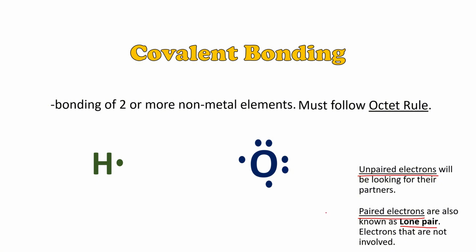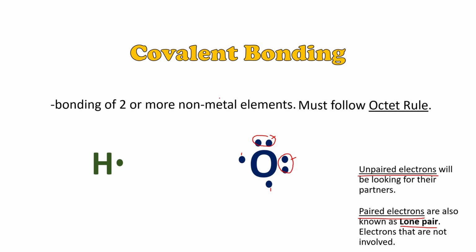For example, this hydrogen has one valence electron, that's why we have one dot. Oxygen has six valence electrons, that's why we have six dots. But look at this, there are two unpaired electrons in the oxygen, and we also have two paired electrons, the lone pairs. These are what we call lone pairs, this group here.